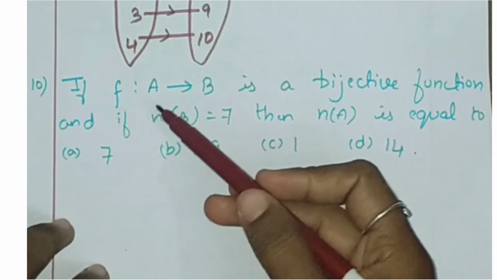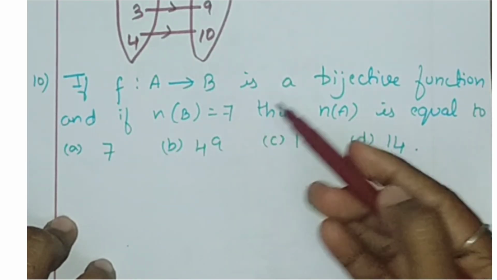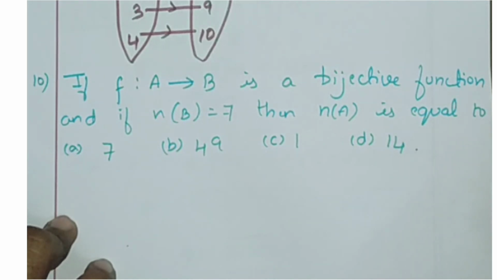If f from A to B is a bijective function and n of B is 7, then n of A is equal to?